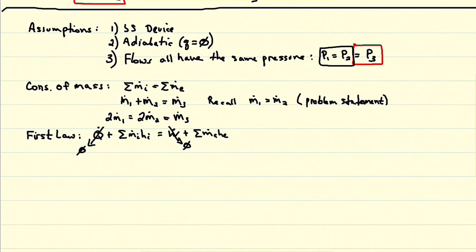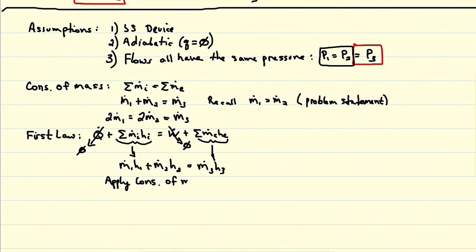The sum of m dot i h i, of course, is just m dot 1 times h1 plus m dot 2 times h2, and the sum of m dot e h e, well, there's just one term on the exit side, m dot 3 times h3. Now we can apply our conservation of mass result, right?